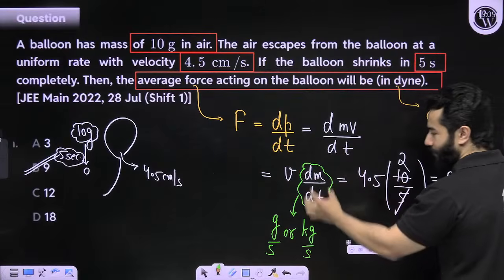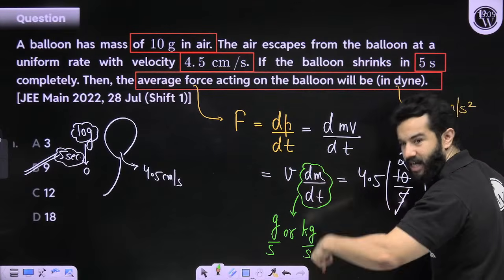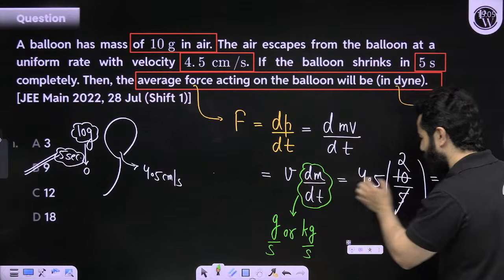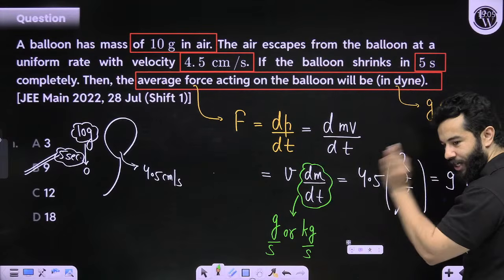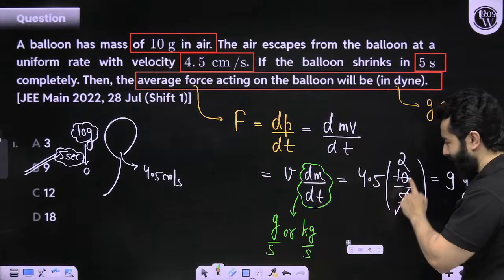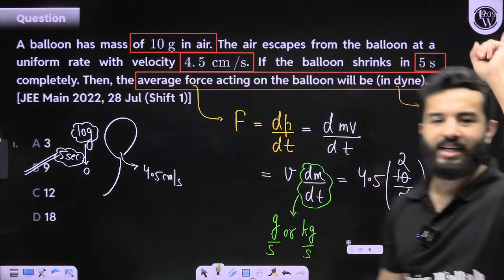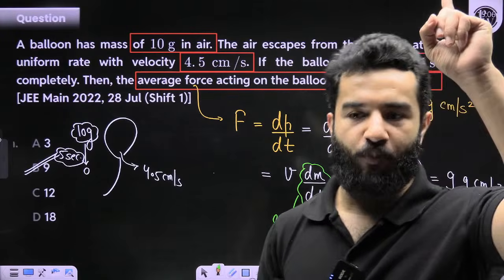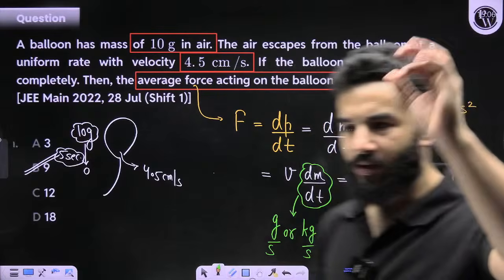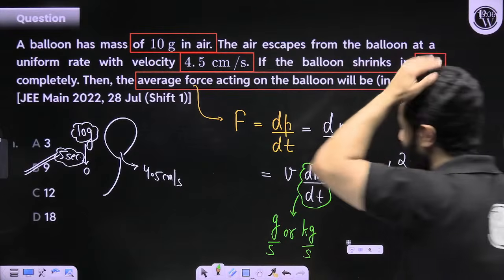So instead of dm by dt, we are going to write del m by del t, and for del m we simply write 10 gram. Change in mass is 10 gram in 5 seconds. That means 2 gram per second is the rate of change in mass. Clear? Can we move on, my dear friends?